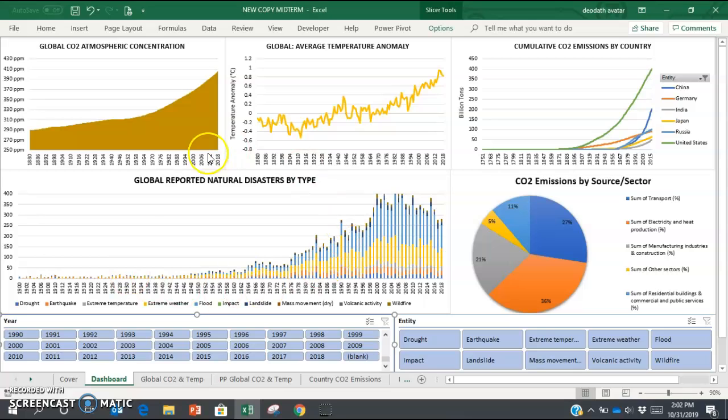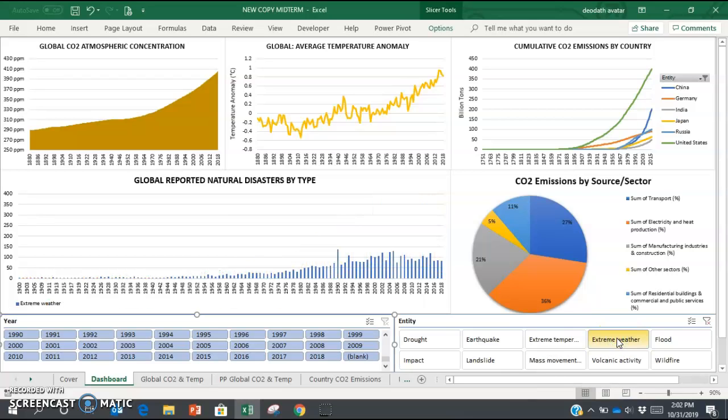And if we look at the natural disasters chart, you'll see that it also relates to charts 1 and 2. As the amount of carbon dioxide that we release yearly into the atmosphere increases, causing our temperature to rise, so has the frequency of natural disasters. Let's take a look at one example, extreme weather.